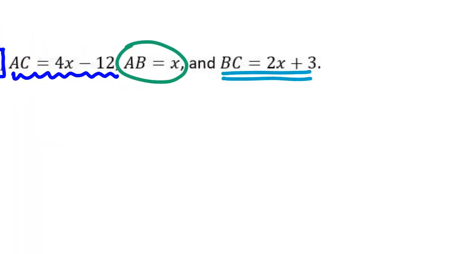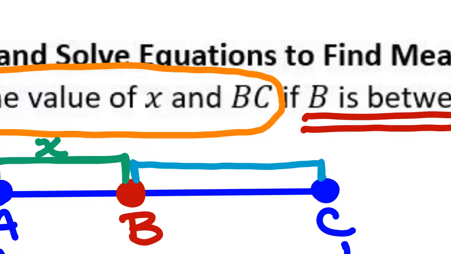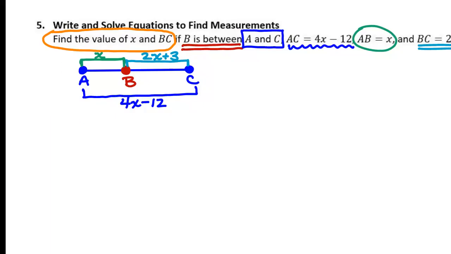And from B over to C, from here over to here, is 2x plus 3. So the first thing we need to do, if we're going to find x and the value of BC, is set up an equation that uses my segment addition postulate.